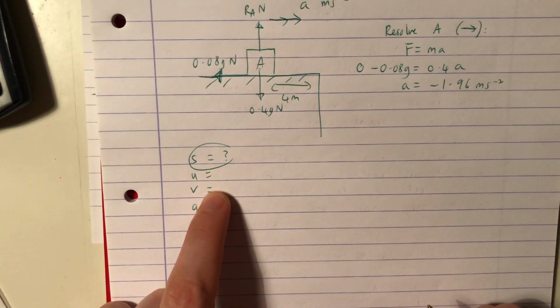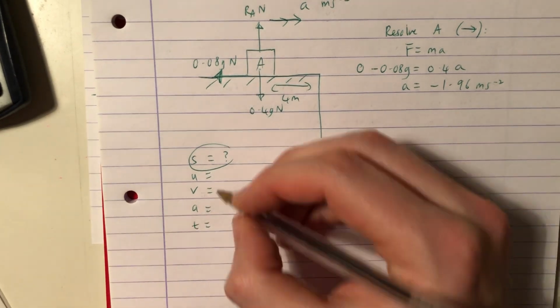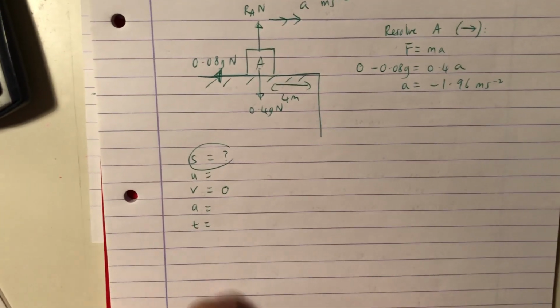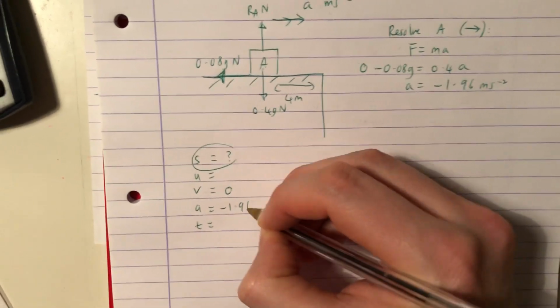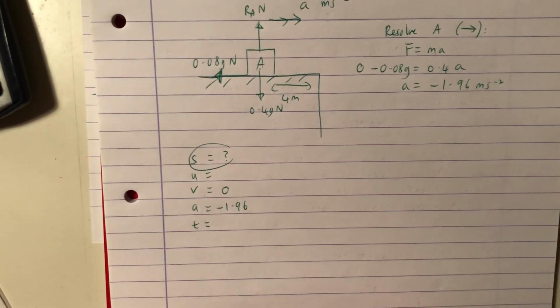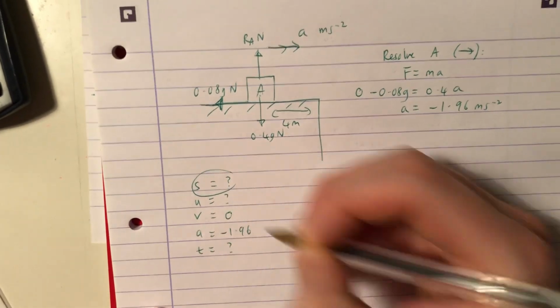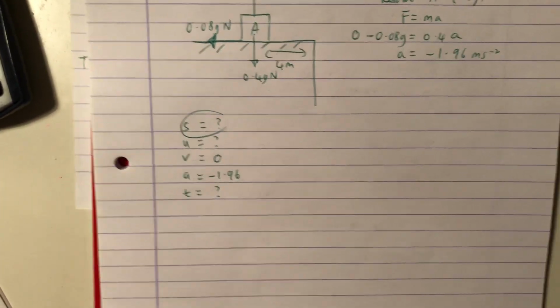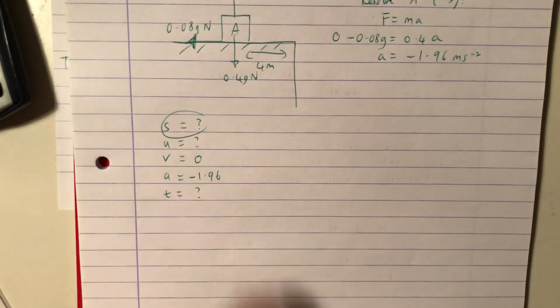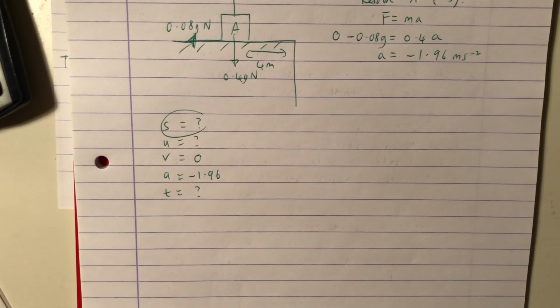Initial velocity, I don't know. Final velocity when it comes to rest, so 0. Acceleration is negative 1.96. And the time it takes to do that, I have no idea. So I haven't got enough information. I've only got 2 things to work out a third, but I need 3 things to work out a fourth.